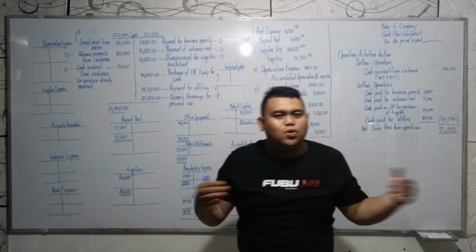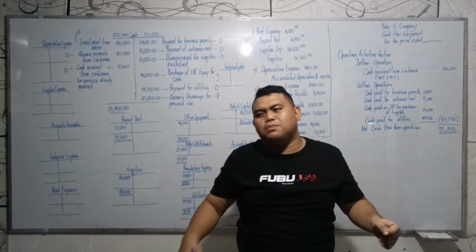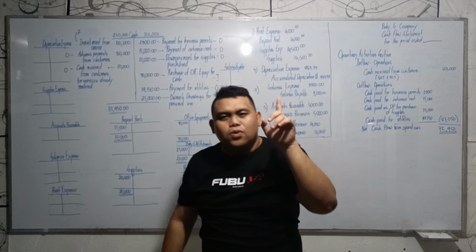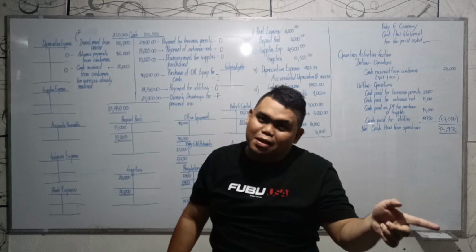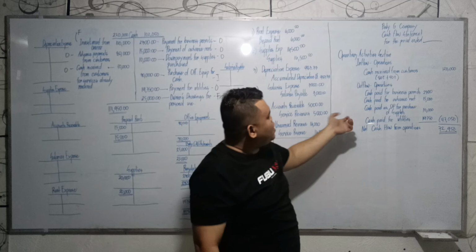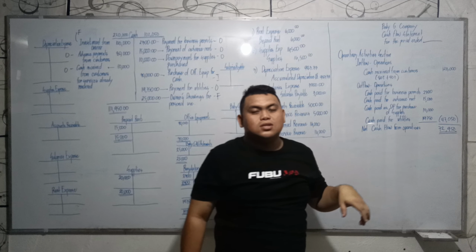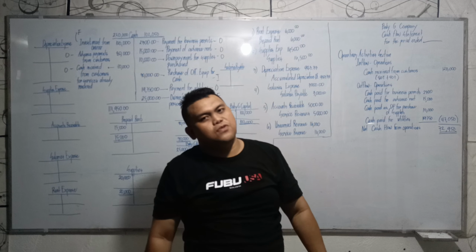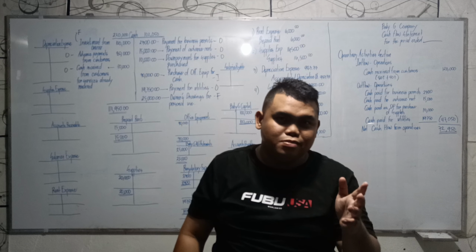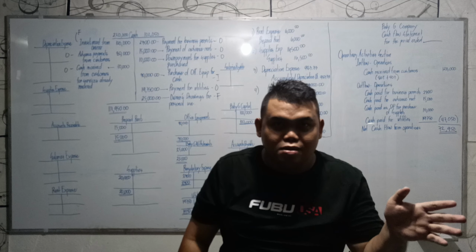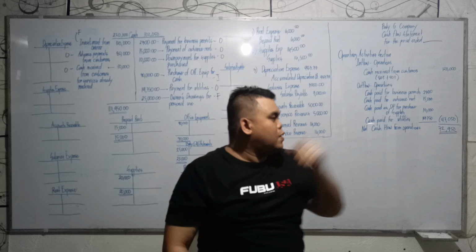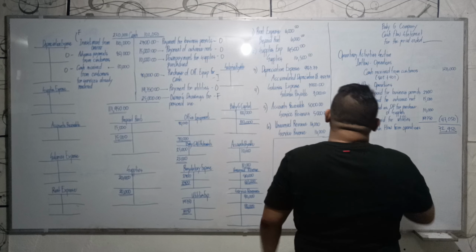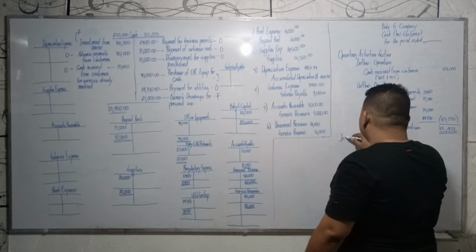So, in order to complete the whole picture about the performance of the business, you need to look at the income statement and you also need to look at the operating activity section of your cash flow statement. You understand? Does it make sense? It does, right? Now, let's have the investing activities section.